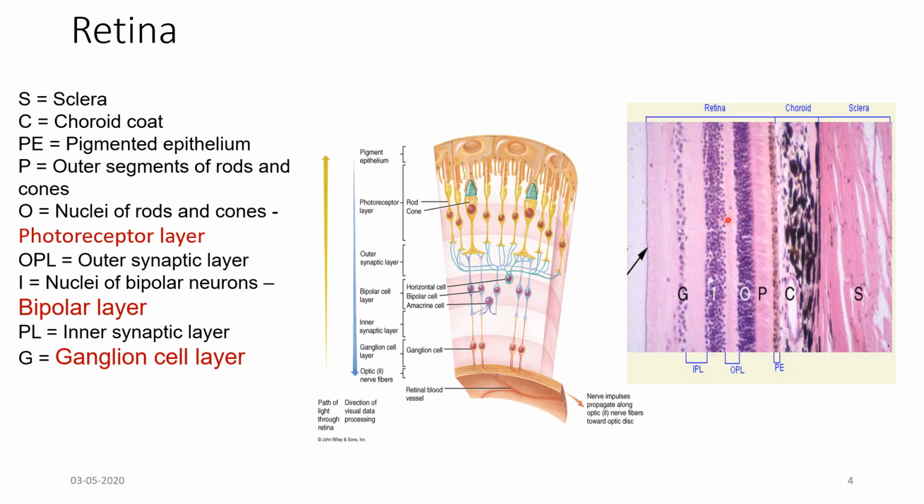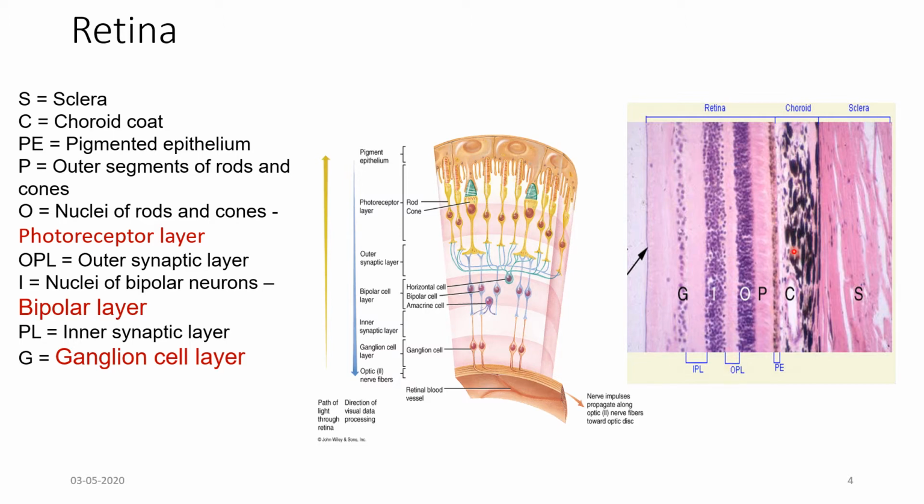And this is the histological structure of the retina, in which you can observe the sclera, the fibrous coat, the vascular coat, the choroid, then followed by the pigment epithelium of the retina, and then the outer segment of rods and cones and the nuclei of rods and cones, followed by the outer synaptic layer or the nuclei of bipolar cells.